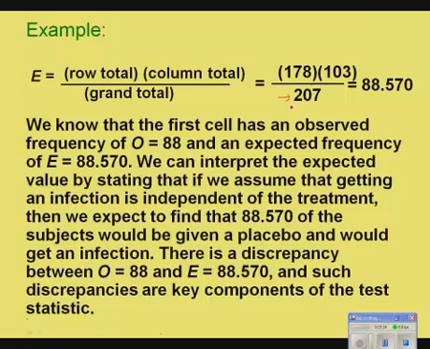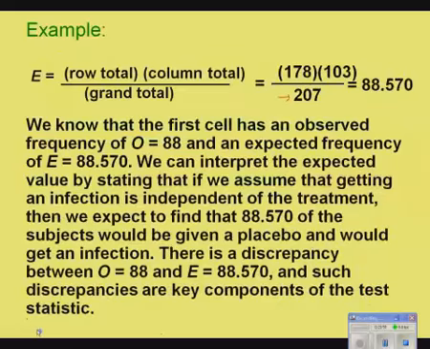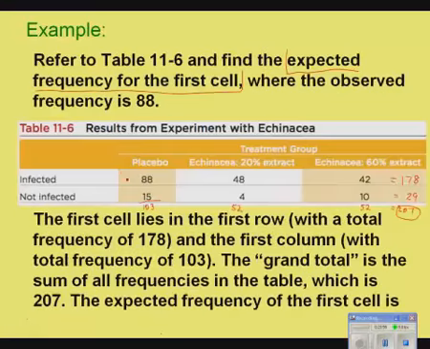That's right. So actually, let's do a different one. Here, let's go back to the table. We just computed that the expected value for the first cell was 88.57. Okay. Hey, that's pretty close, isn't it? That's expected.